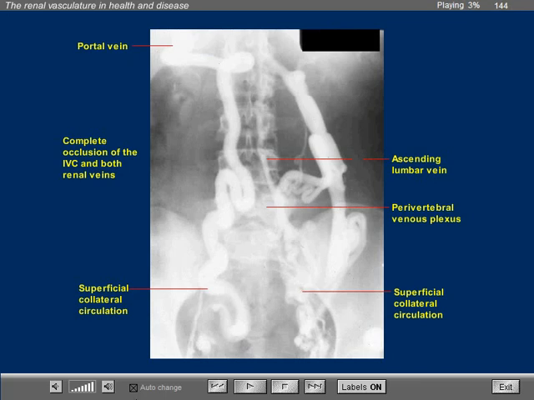Another image of the venogram shows huge ascending lumbar veins, opacification of the portal vein, opacification of the vertebral venous plexus, and this patient, despite having total occlusion of the inferior vena cava and renal veins, the kidneys never change in size or function because the occlusion of the renal veins occurred slowly.